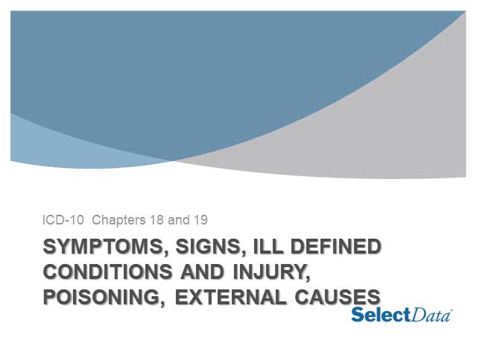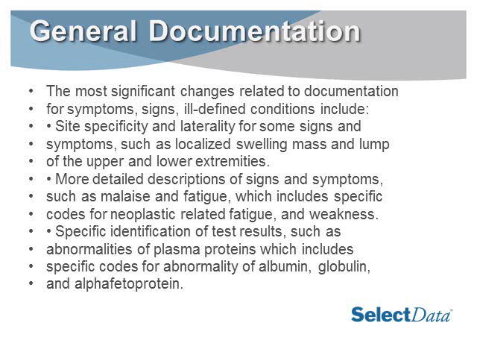Now we move on to our final couple of chapters, 18 and 19, which are symptoms, signs, ill-defined conditions, injury, poisonings, and external causes. For general documentation, the most significant changes related to documentation for symptoms, signs, and ill-defined conditions include site specificity for laterality for some signs and symptoms, such as localized swelling, masses, or lumps of the upper or lower extremities.